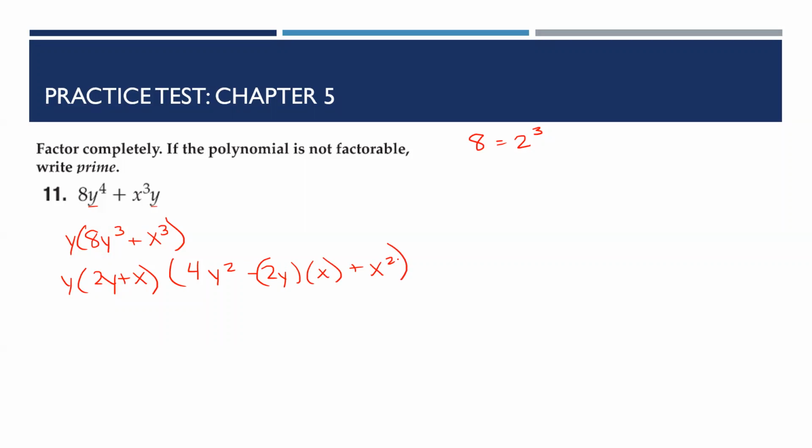Okay, and we can use the factoring formula for the sum of two cubes. So this is y times 2y plus x, and I can simplify this. This would be 4y squared minus 2xy plus x squared.